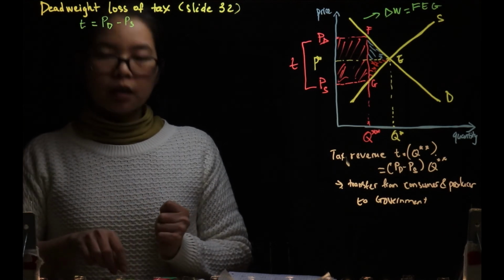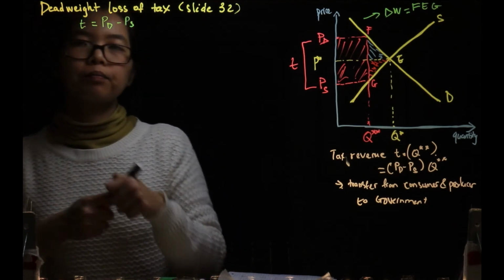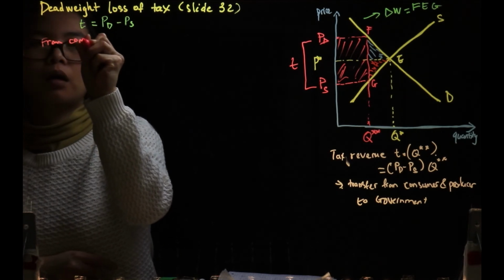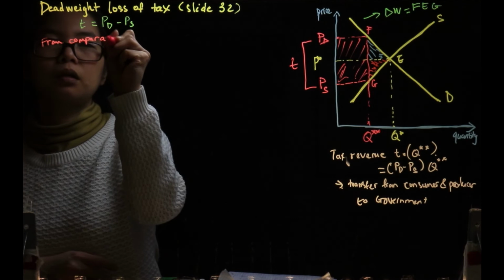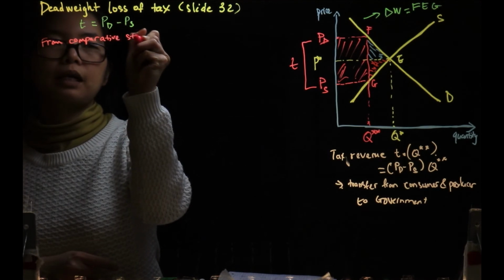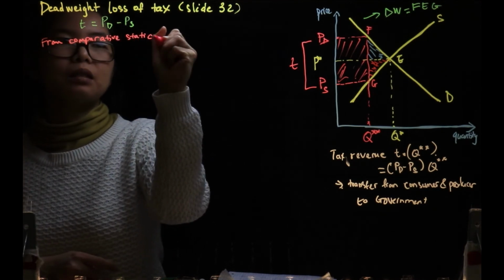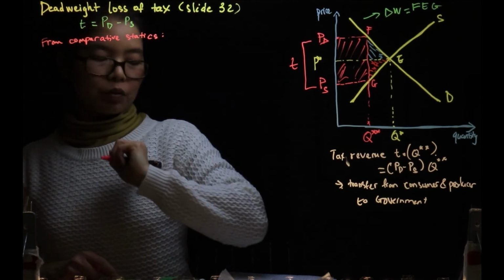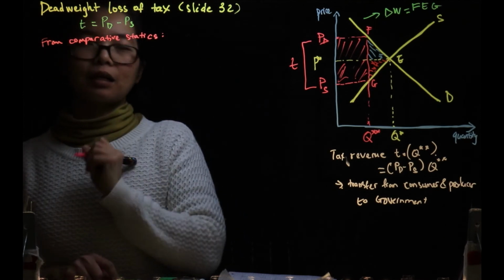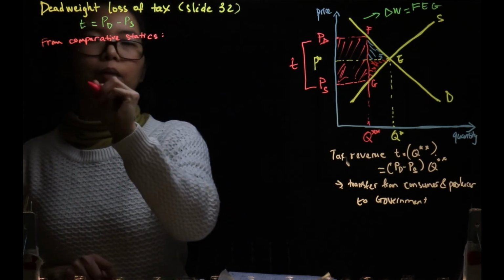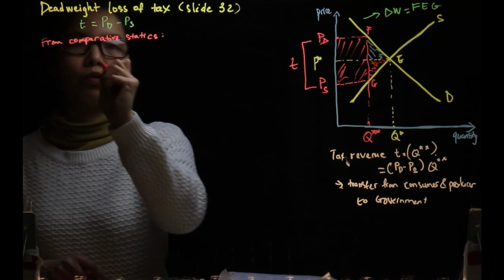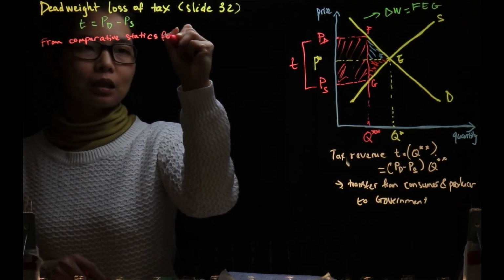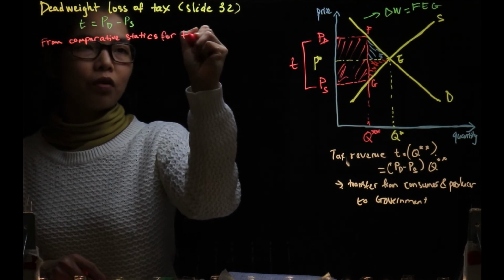The first thing we should know is from comparative statistics. After watching me doing this, some of you might have decided you never wanted to see comparative statistics again, but unfortunately it's helpful in some cases, and especially for this case, for tax incidence.